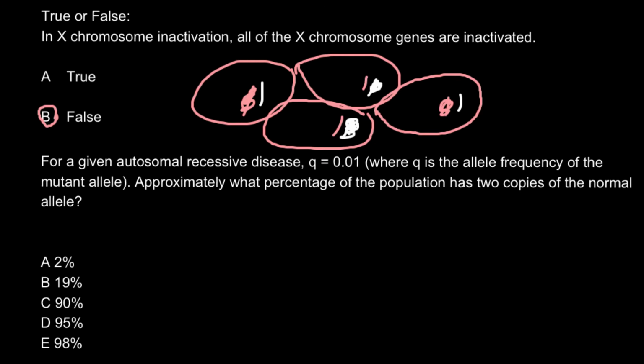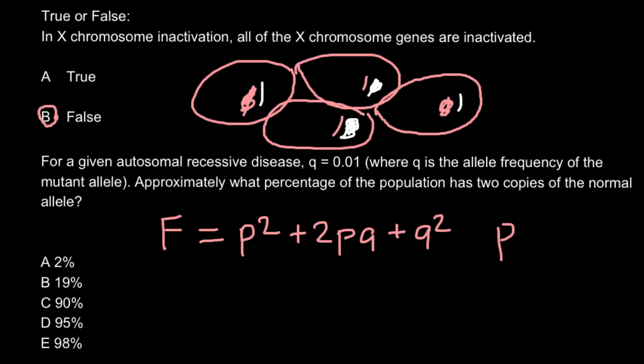And here is the formula. F, that stands for the frequencies, equals P squared plus 2PQ plus Q squared. And the gene pool consists of, as you see, only two alleles, allele P and allele Q. So if we combine all the alleles P and Q, we are going to get 1.